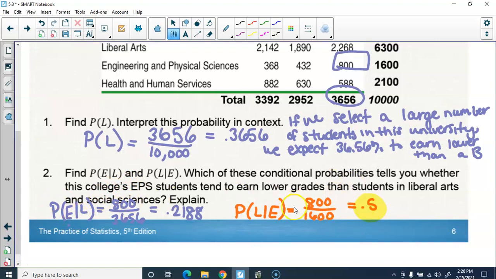So the second one tells us that engineering students earn lower grades. To be fair, as a math teacher, I can attest to the fact that those classes are just straight harder.